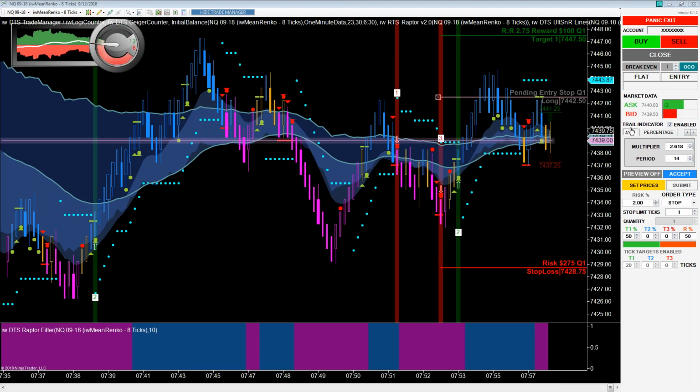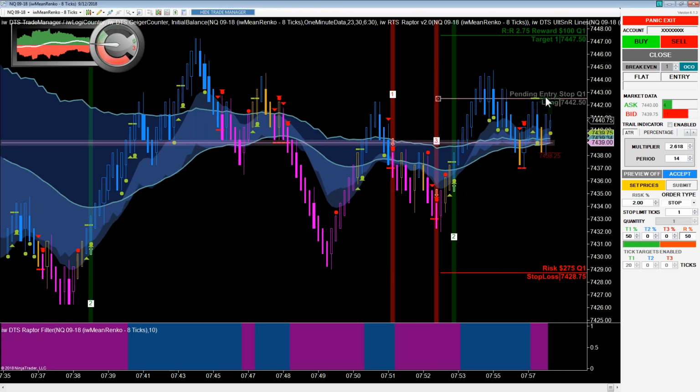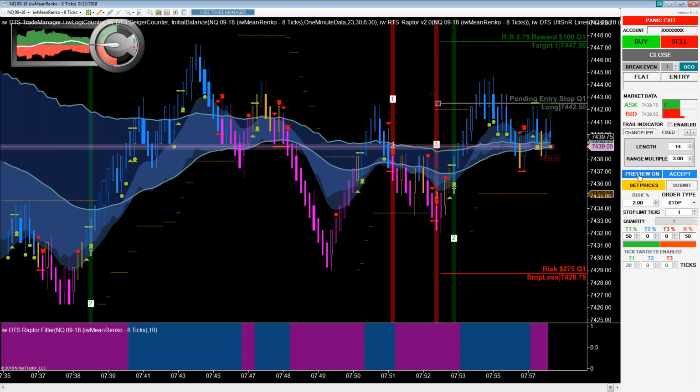Note the ATR is against where we're at. I will get ready on something like the chandelier strategy, which will be perhaps a little bit more conservative, not quite as aggressive.